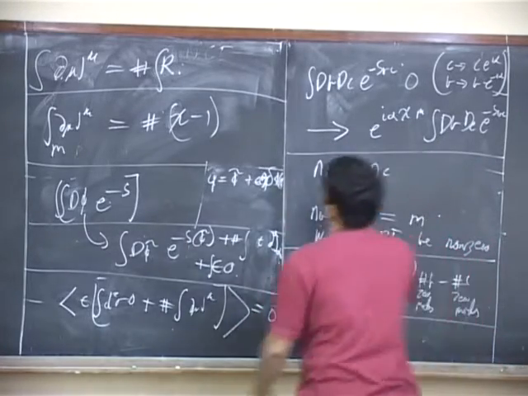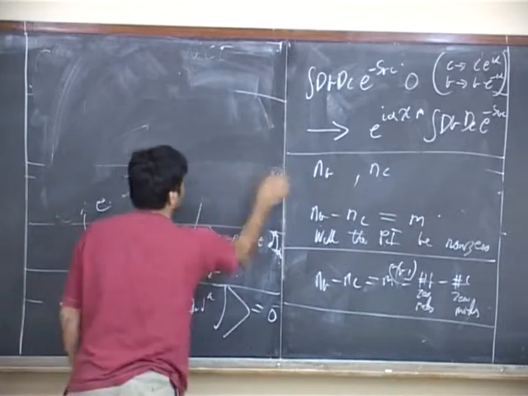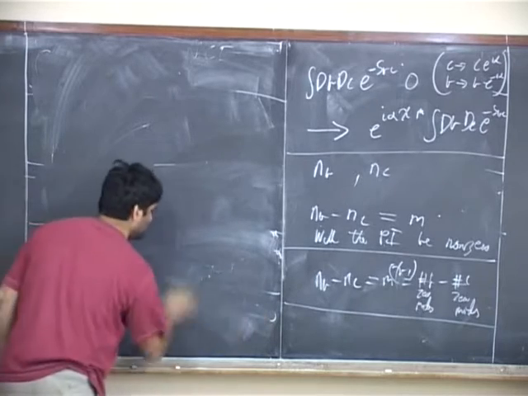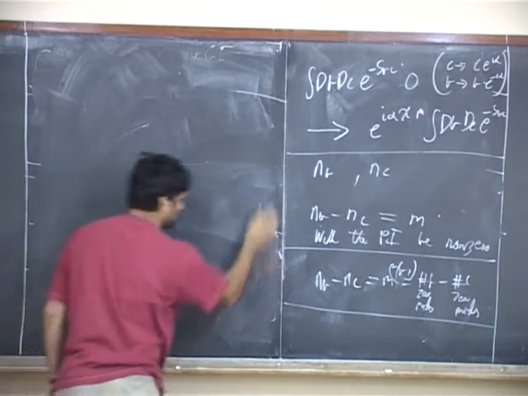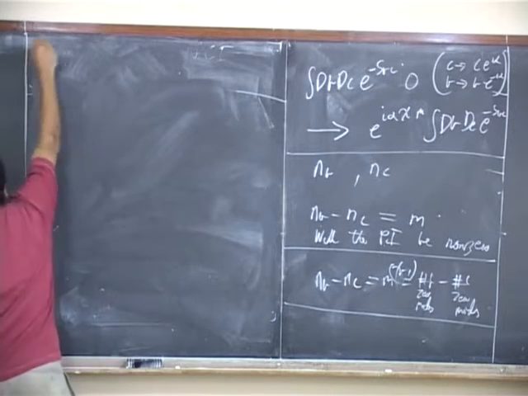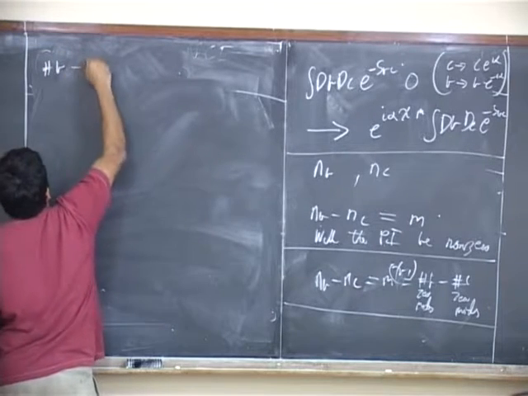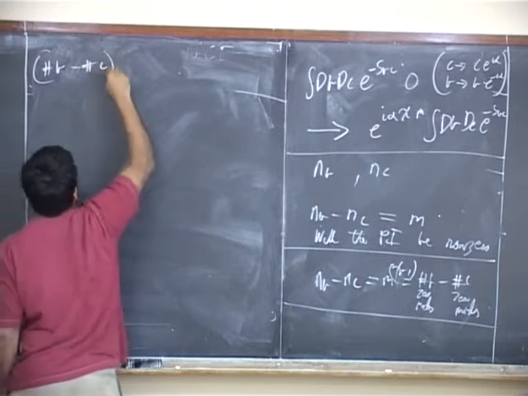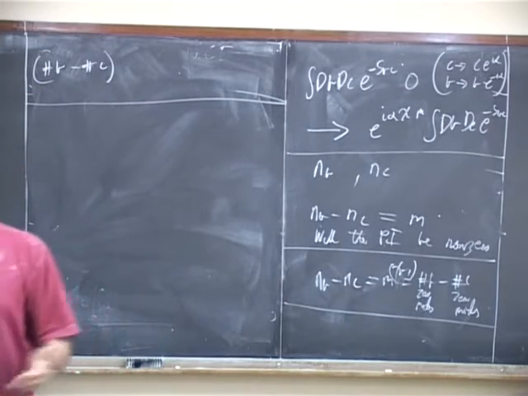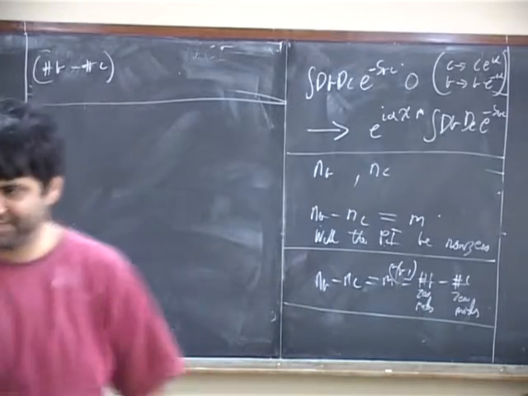Okay? And the answer turns out to be for the number of B0 modes minus the number of C0 modes. Okay, I'll give you the answer for the number of holomorphic guys. This is of course a doubling because there are as many holomorphic as anti-holomorphic.